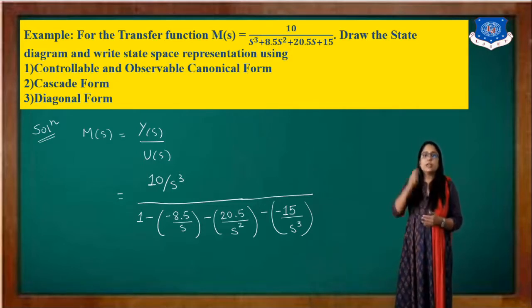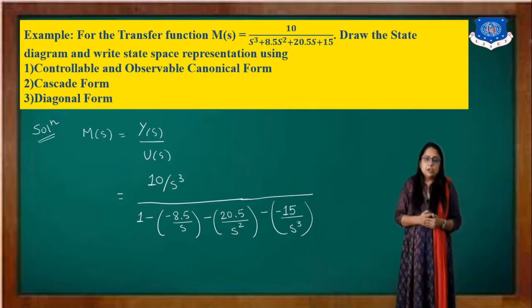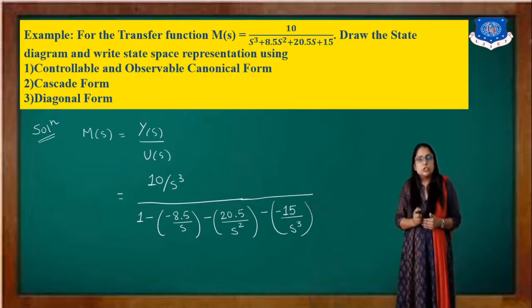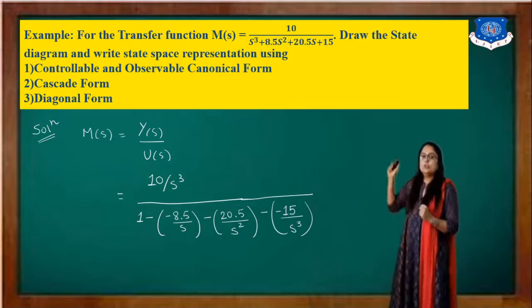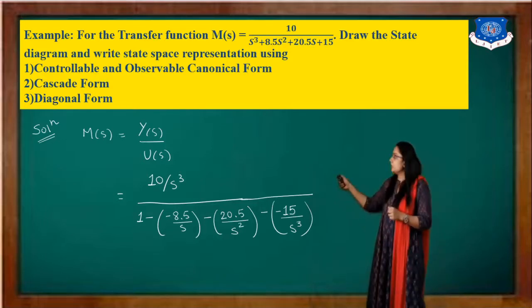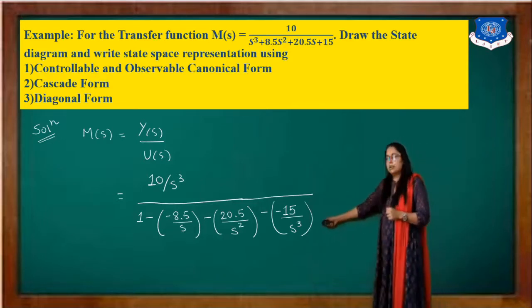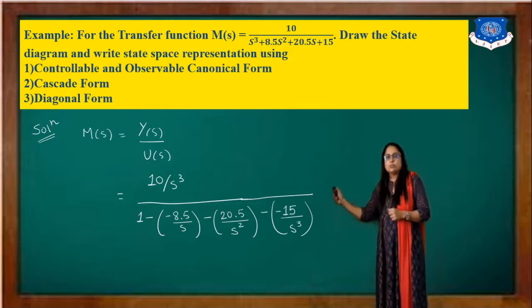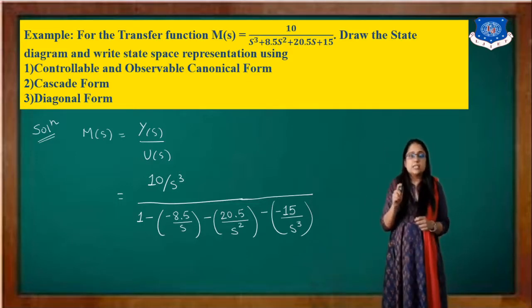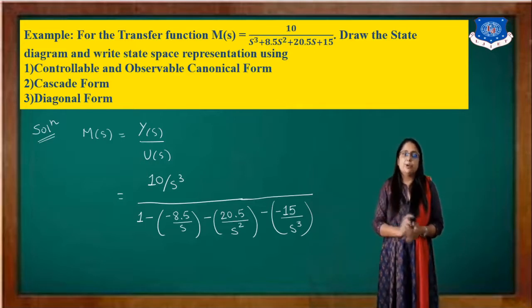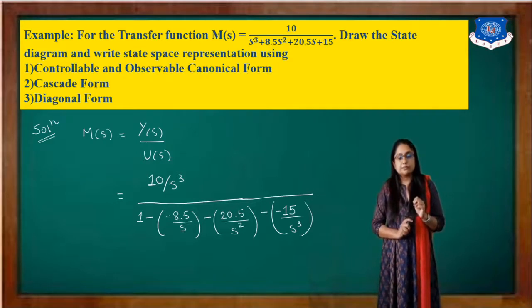So you just divide the numerator and denominator by s cube. Why s cube? Because the maximum power of s in the denominator is 3. So in the numerator I'll get 10 by s cube, and in the denominator s cube by s cube, that is 1. Then here I am writing a minus sign and then 8.5 by s, so it will become minus plus.